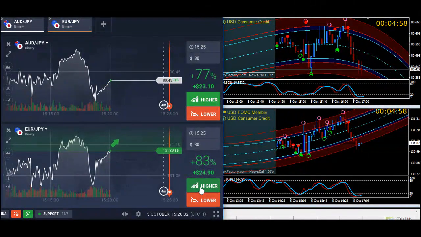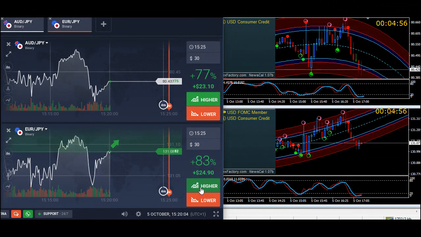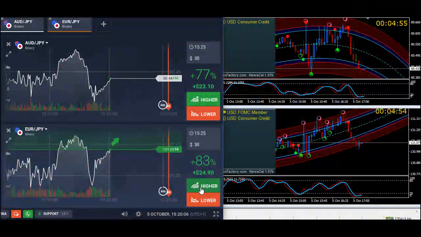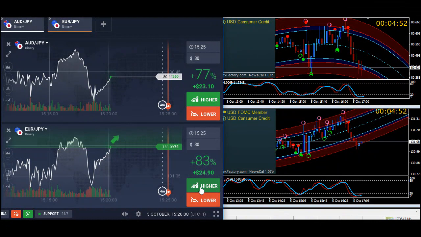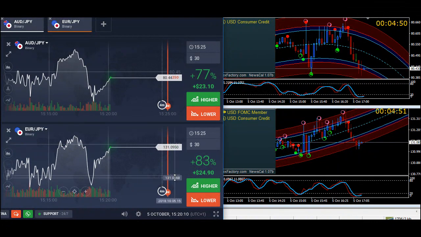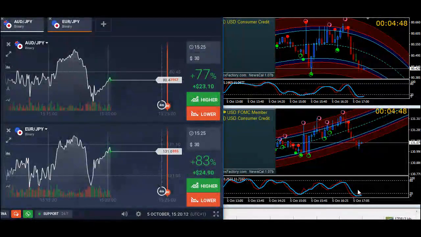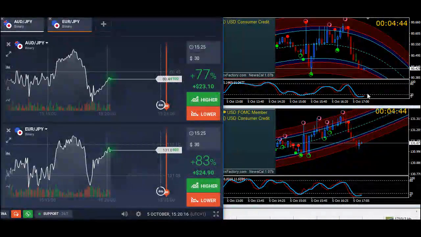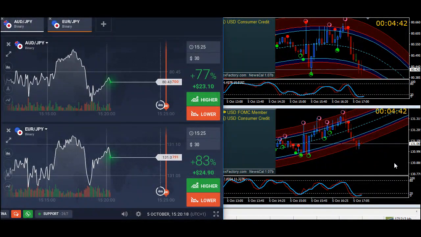No pop up. I keep calm and I'm going to wait until the pop up comes up. The stochastic has already taken a turn up, so I'm expecting a pop up on these two currency pairs.